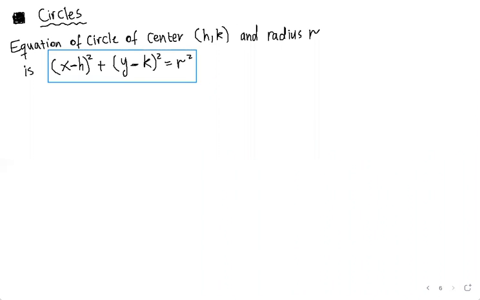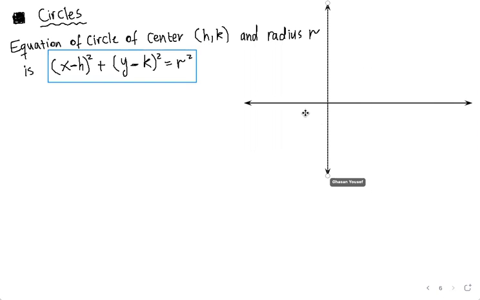So for example, let me represent this in xy coordinates. Suppose I have a circle with the center here. The center is this point, (h, k). This is my h here, and this is k. And the radius of this circle is r.